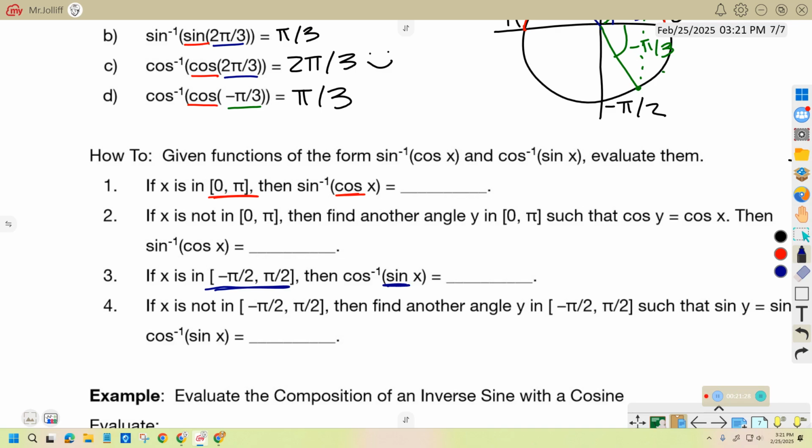If my angle is in the appropriate domain, in whatever region is the inside function's domain, the answer is the angle shifted by pi over 2. Pi over 2 minus x. We're taking the angle, we're shifting it by pi over 2.